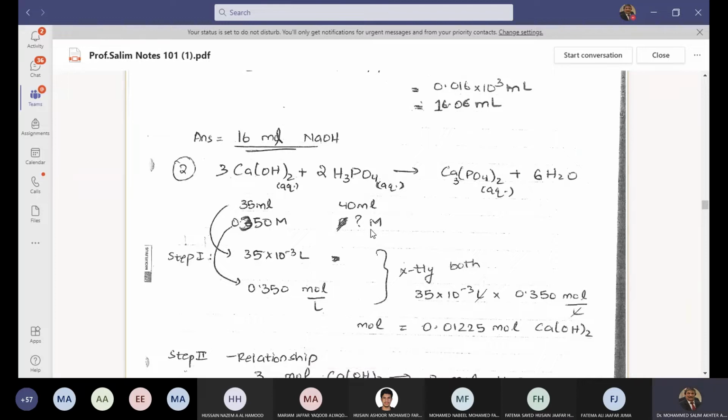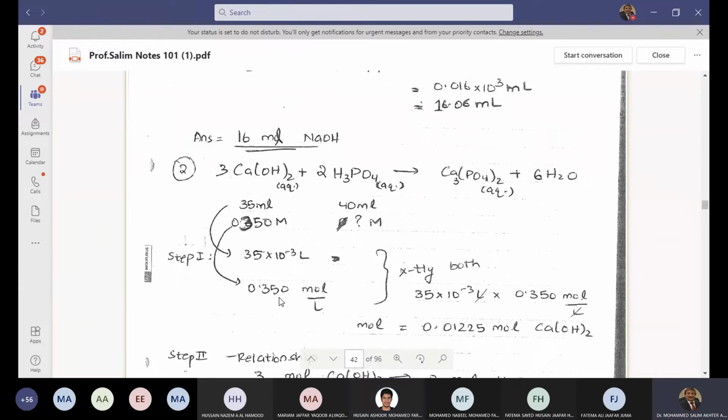Did you check that your equation is balanced? Yes, it's balanced. I have one piece of information here, two pieces here. Where should I go? The left one. Can I write 35 as 35 times 10 to the power minus 3 liter? Yes.